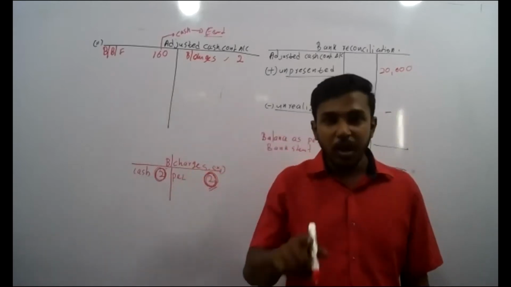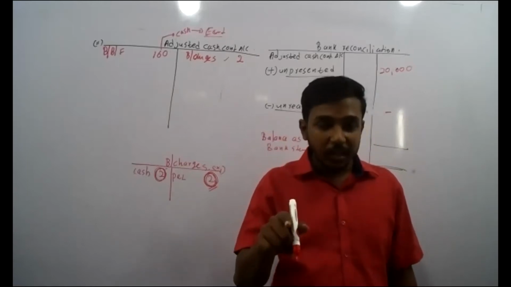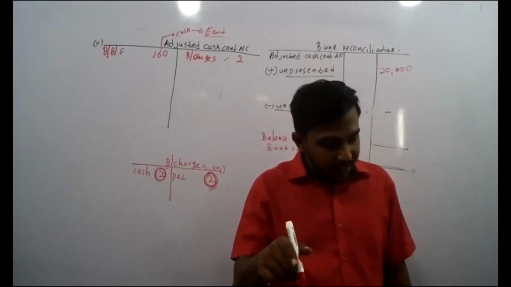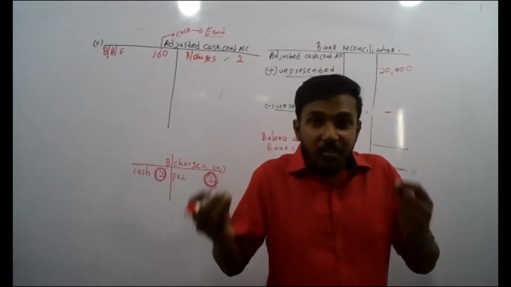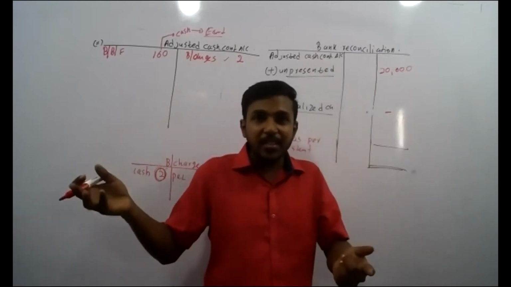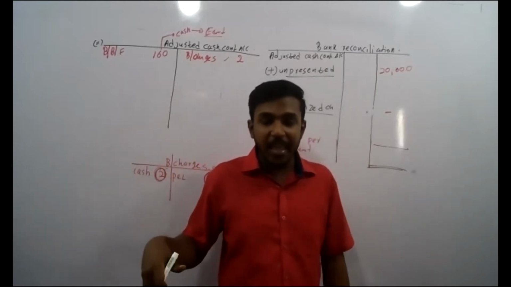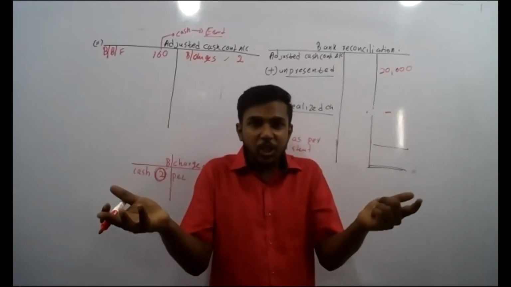What does it say? I made a mistake. But a check of 30,000 directly deposited in the bank by a debtor has not been recorded in the cash book. It doesn't say not recorded in the bank statement. I made a mistake there. So underline: not recorded in the cash book.